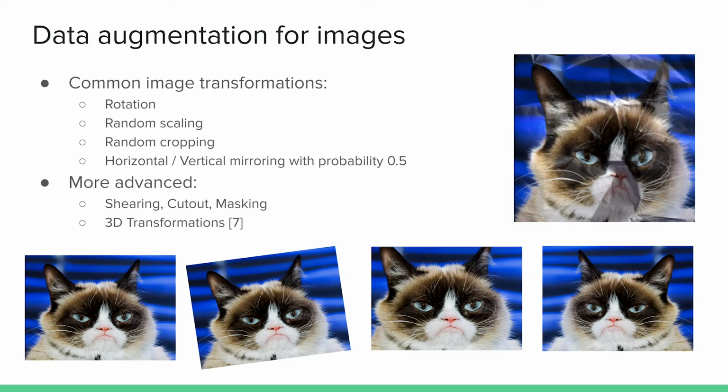I think this is a fantastic idea. There are some great tools. I've linked one tool here in our references that you can go and check out to see if any of those transformations might be useful for you.